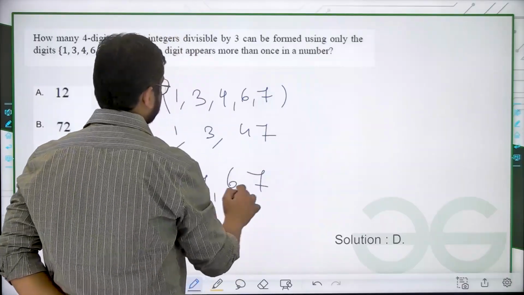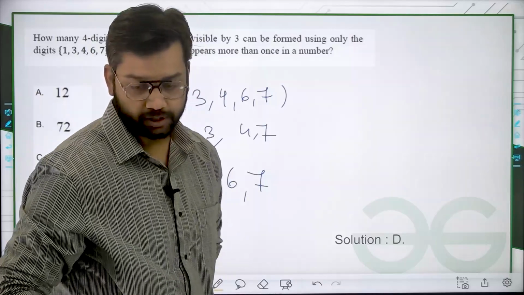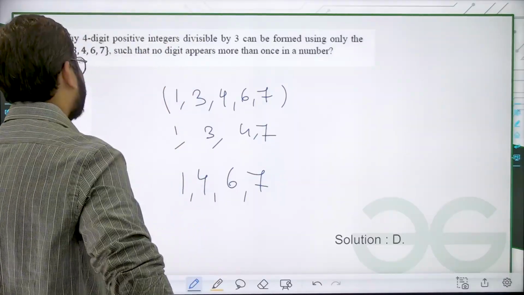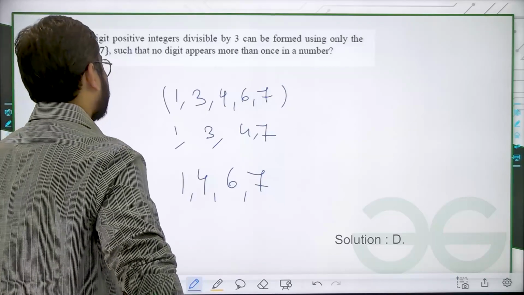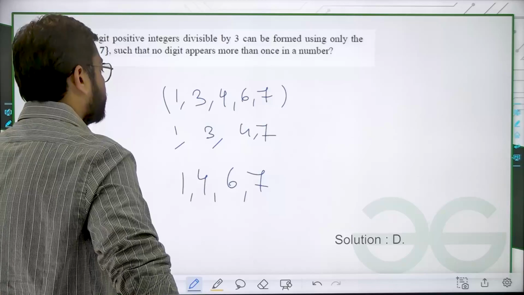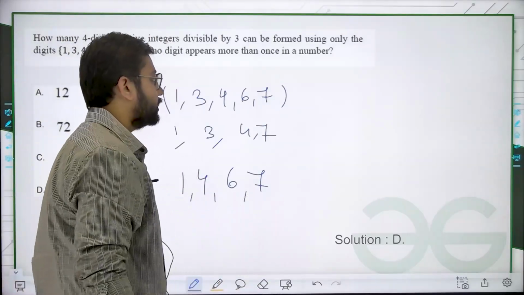These are the combinations: 1 3 4 7 and 1 4 6 7. These combinations can be made because if you check them, the sums are 15 and 18. In that case, both the sums are divisible by 3.